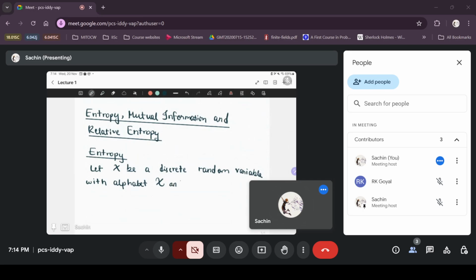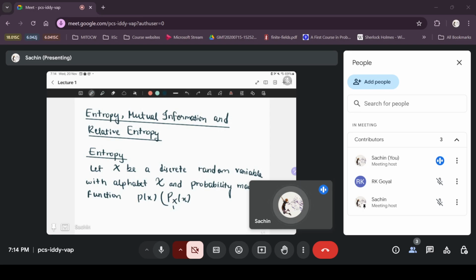And probability mass function P of X. Some people denote this by P_X of x, where the random variable is written as a subscript.